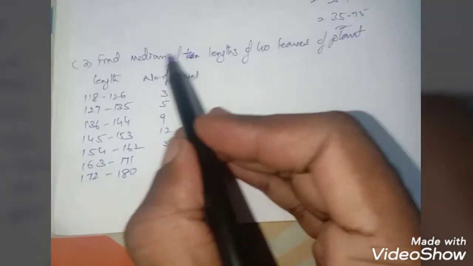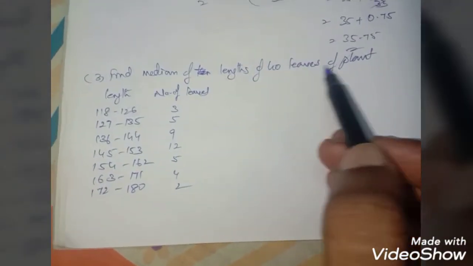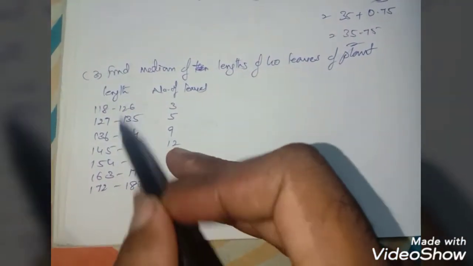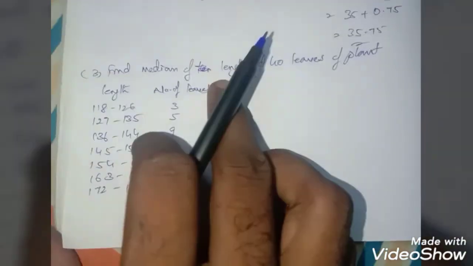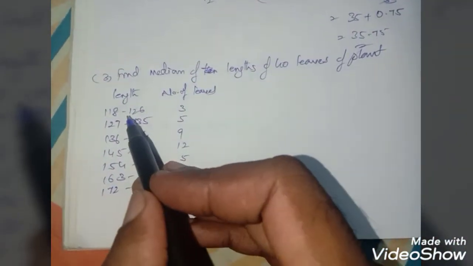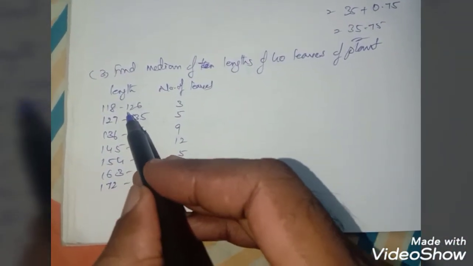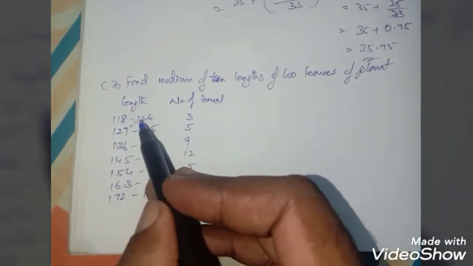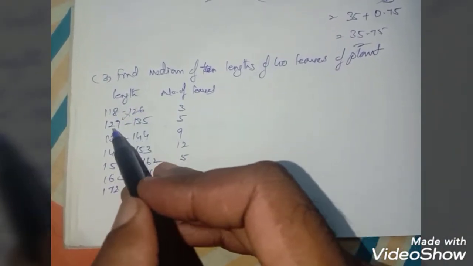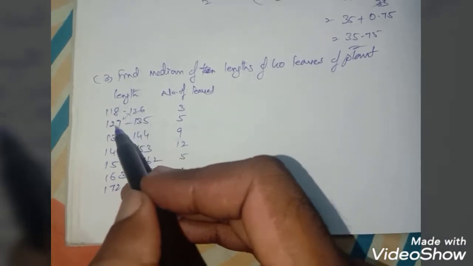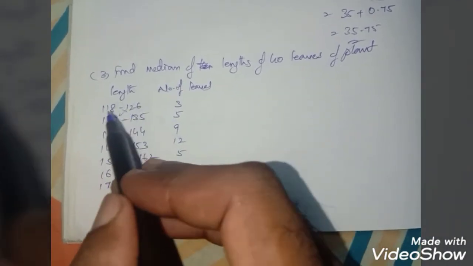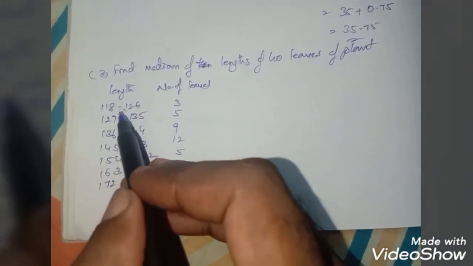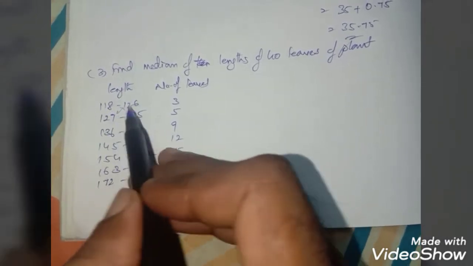Okay, so your third question is find the median of the length of 40 leaves of a plant. The length of the leaves is given and the number of leaves is given. Now see, if you carefully look at your class interval, there is a difference of 1 between the upper boundary and the lower boundary. So remove this difference.